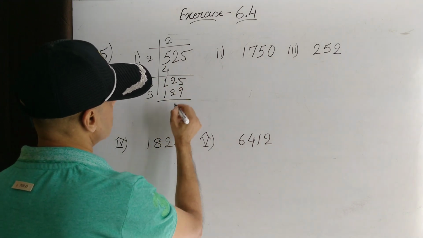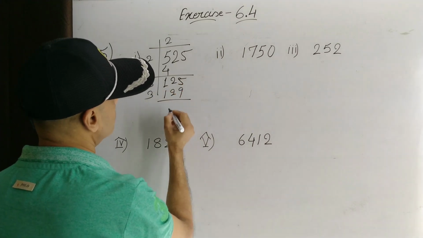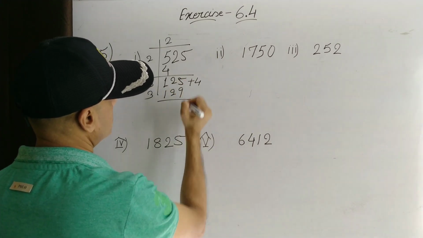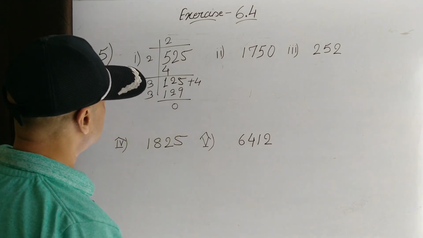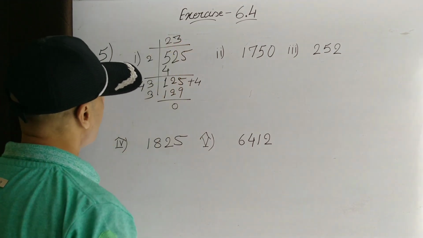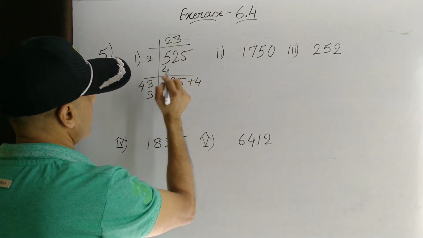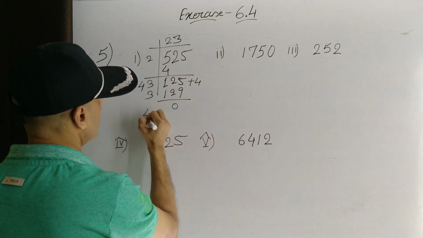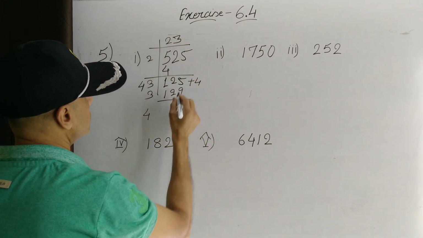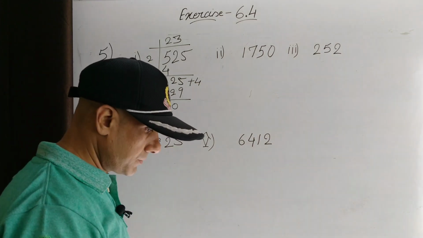That means if we add 129 minus 125, that is 4, to this 125, we'll get remainder as 0. So the minimum possible number to make this number a perfect square, if added, is 4, and the square root of the number so obtained will be 23. Clear?